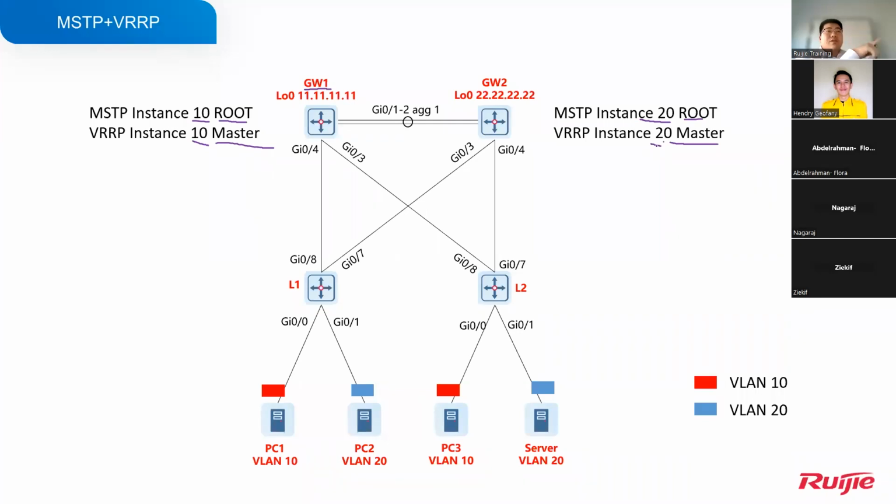For example, for the election of the root, firstly we compare what? Here I want to ask. No matter in STP or RSTP or MSTP, when we elect the root, the election is based on what parameter? Bridge priority, yeah. Firstly, we compare the priority.